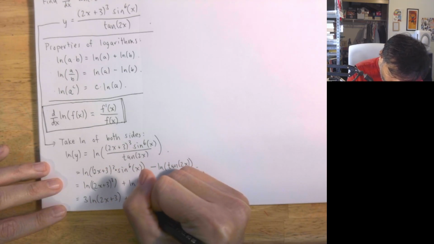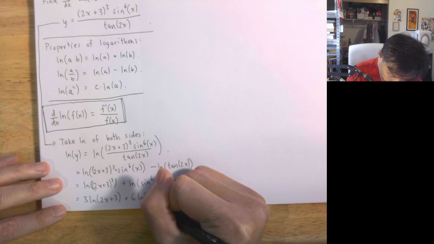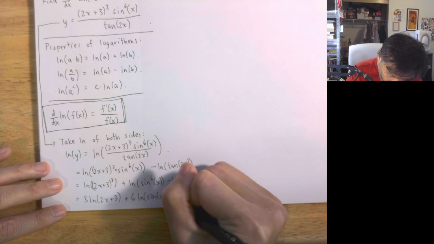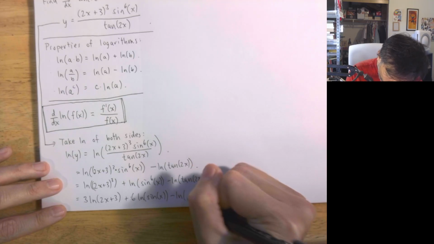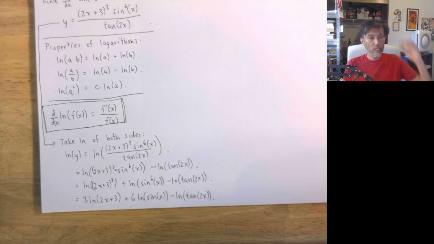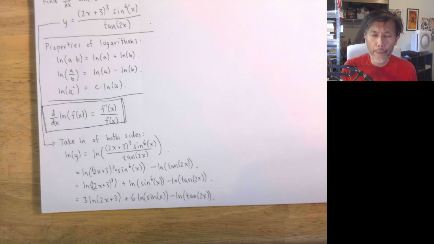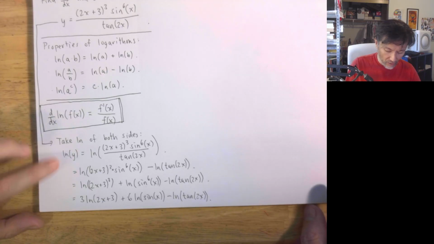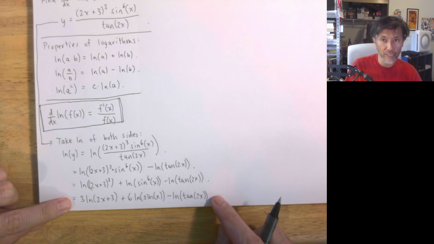Now, none of what I'm doing right now is calculus. It's just using properties of logarithms. Nothing I've done thus far is calculus, right? But now I'm going to do calculus. So this is natural log of y, is all of this mess here.